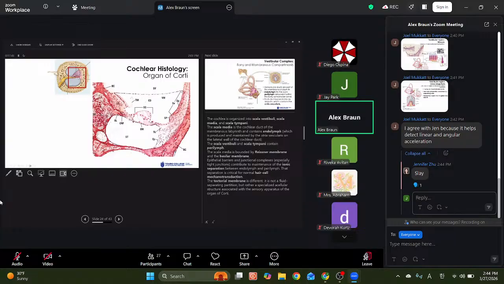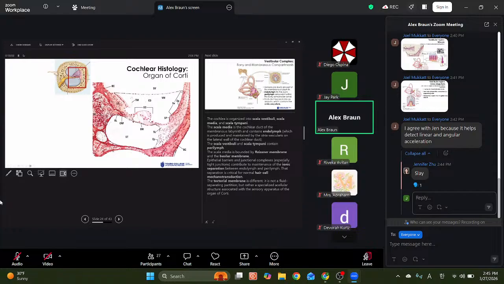This upper chamber, of which we see only part, is the scala vestibuli, SV. Here you see the scala vestibuli here. The lower chamber, which we see here and here in this diagram, is the scala tympani. Scala vestibuli and scala tympani contain perilymph.